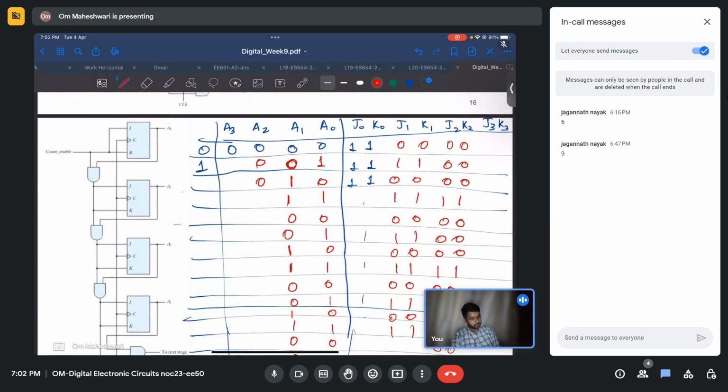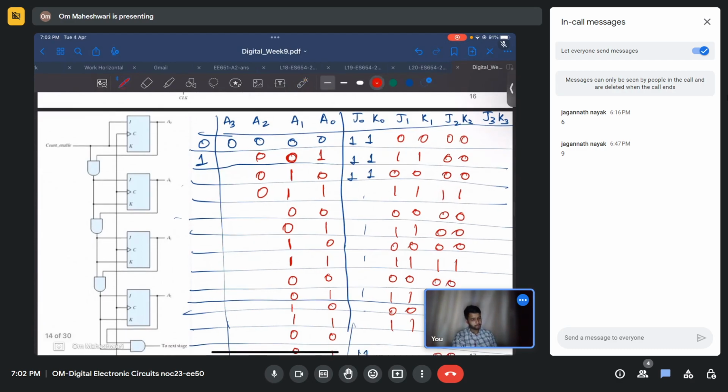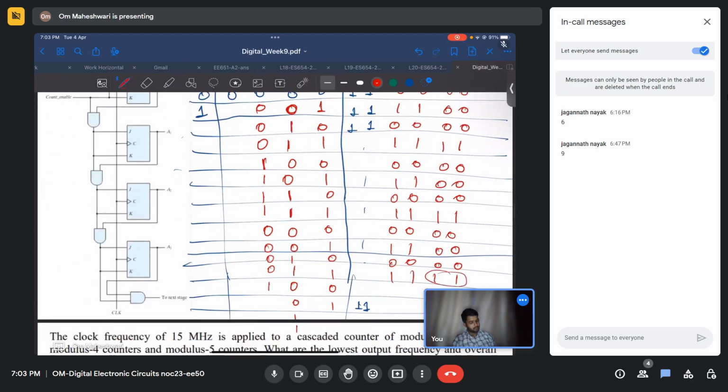So it will remain 0 until J2, K2 is 1, 1. It will flip. Then it will stay 1, 1, 1, 1. Then it will flip to 0, 0, 0, 0. Then it flips to 1, 1, 1, 1.